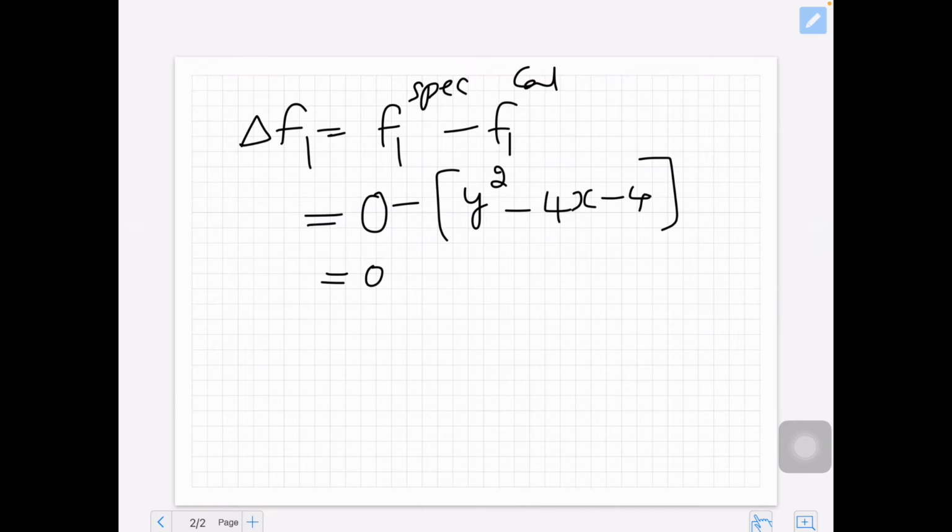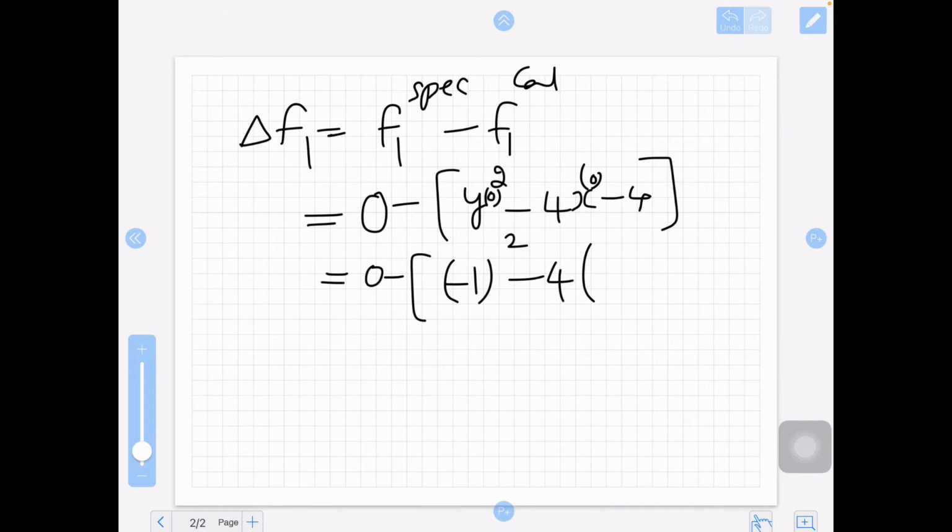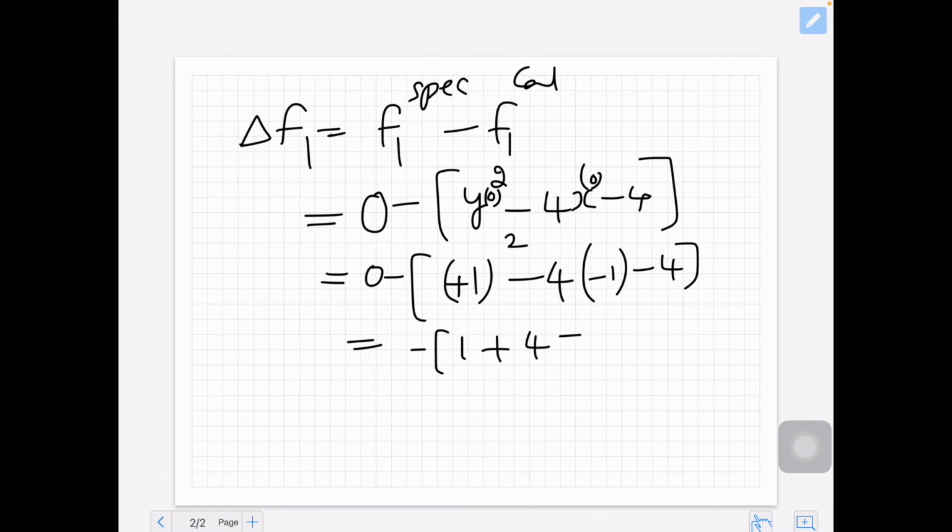So this is 0 minus, with the initial values of x and y: y of 0 is 1, squared, minus 4 times x of 0, which is minus 1, minus 4. This is nothing but 1 plus 4 minus 4, and the answer is minus 1.